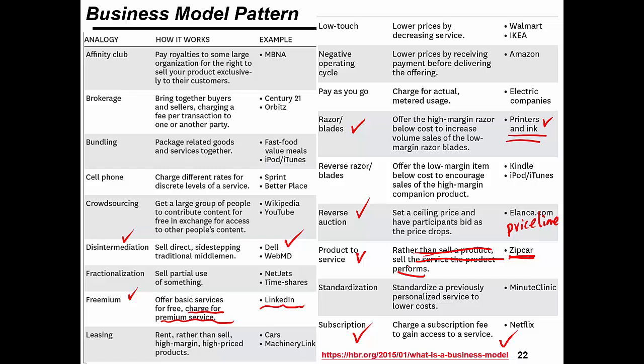So think about and study various business model patterns, and you can borrow those patterns and use them in your own business model creation. Just an example, we mentioned Rent the Runway, which is a case we will study in detail.